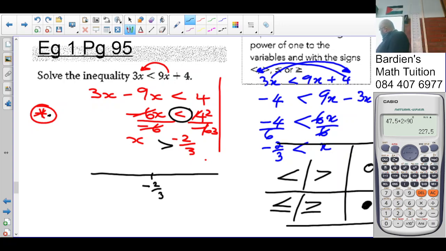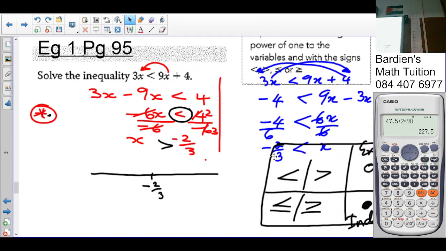This is excluding, and this is including. Excluding will have an open circle on the number line, and including will have a closed circle.